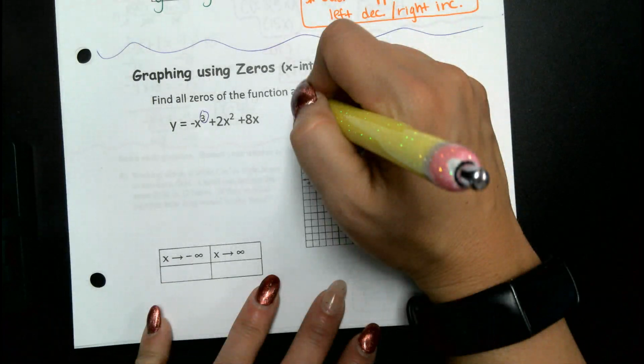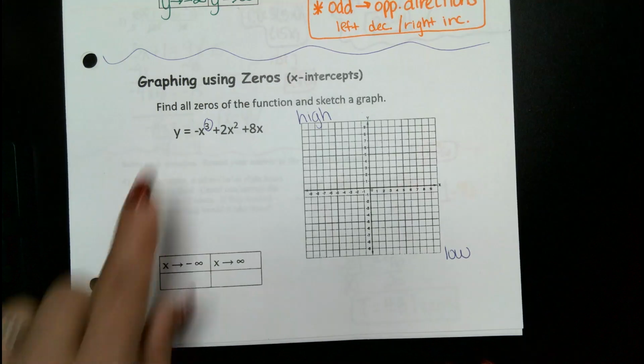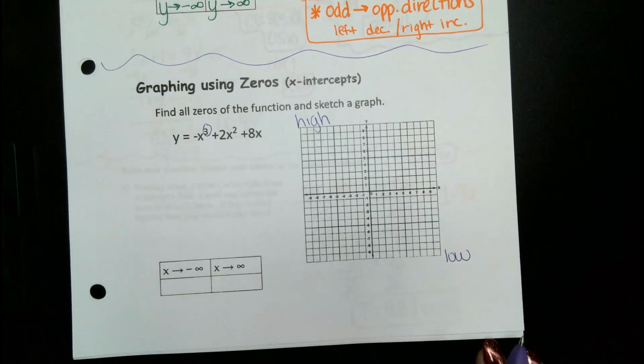Okay, so we know high over here, low over here, because they're opposite and the leading coefficient was negative.